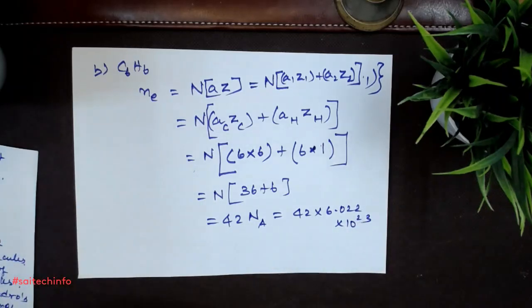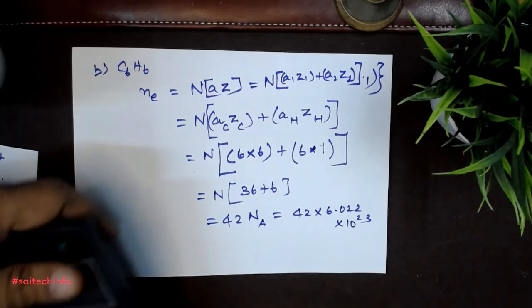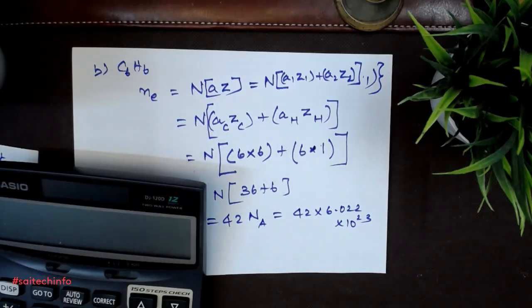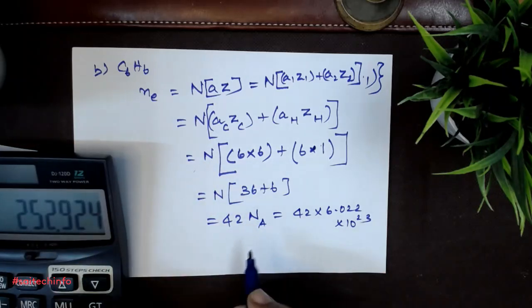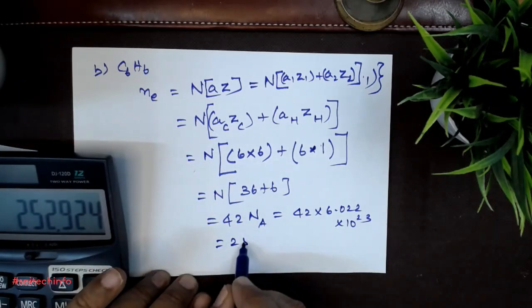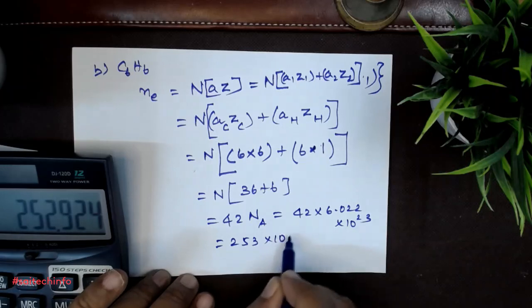You can multiply it. Can you get me the calculator? So it is 42 into 6.022, that is 253. So 253 into 10 power 23.